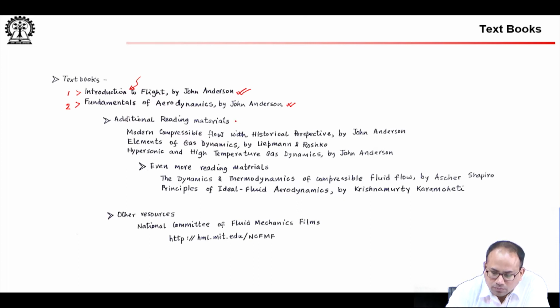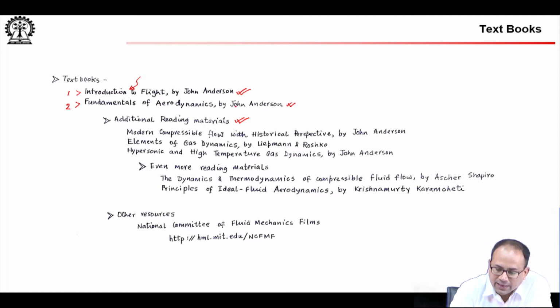Now, for the further courses in aerodynamics that you have in subsequent semesters, there are some more books that I would recommend you at least take a look at. Modern Compressible Flow with Historical Perspective, again by John Anderson.